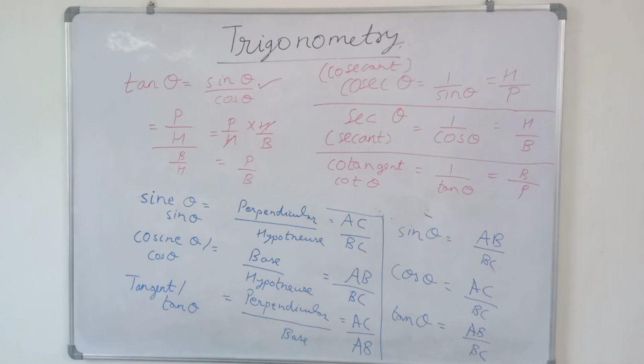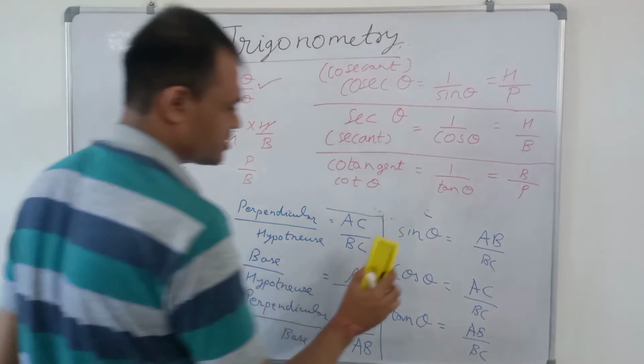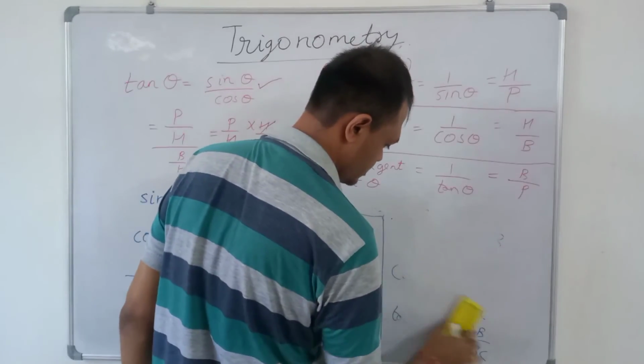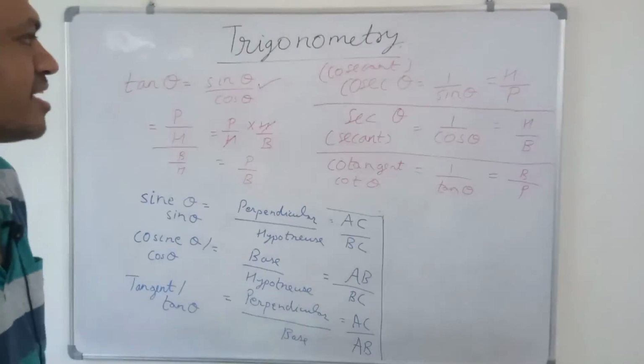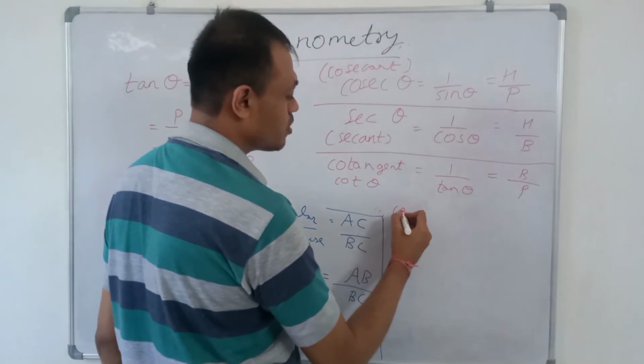Cotangent theta is equal to base upon perpendicular. So these are the formulas.